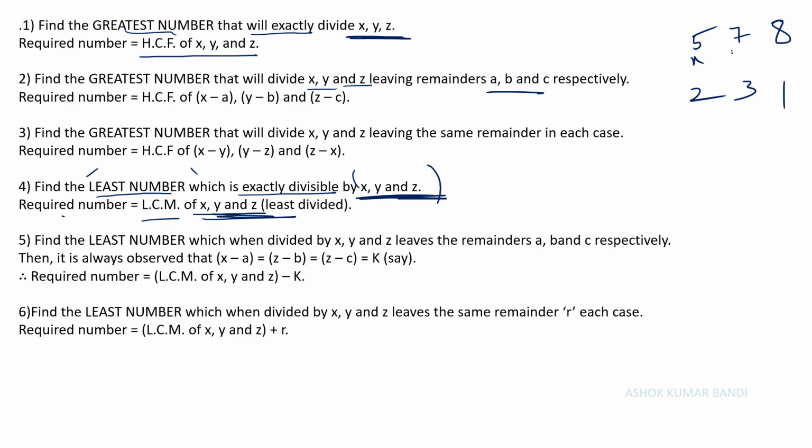Then these will become x, y, z, and these will become a, b, c. Apply this format: x minus a, y minus b, and z minus c. Find out the HCF of these numbers, that will give you our answer. The greatest number that divides different numbers, leaving different remainders a, b, c.